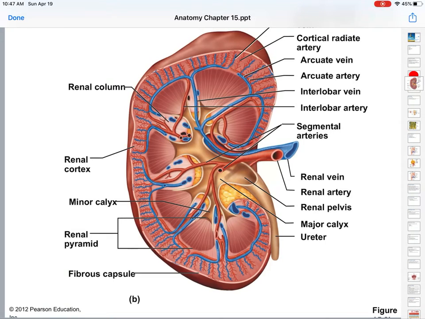And then you have your calyces, your calyx, collecting these ducts into the pelvis, which is this light brown colored area in the center that then collects and sends to the ureter.